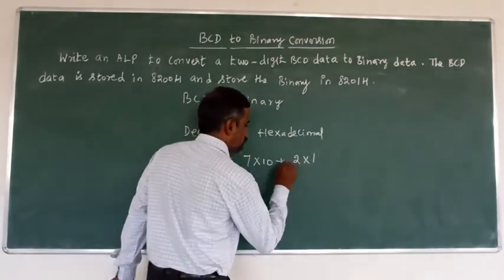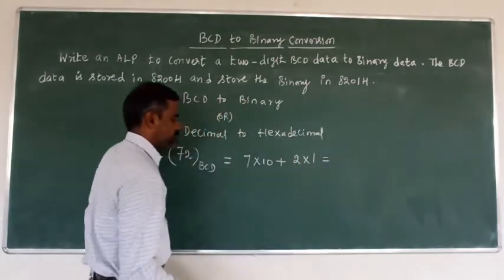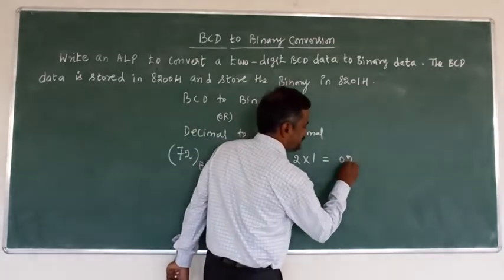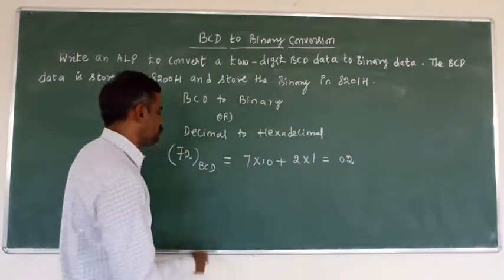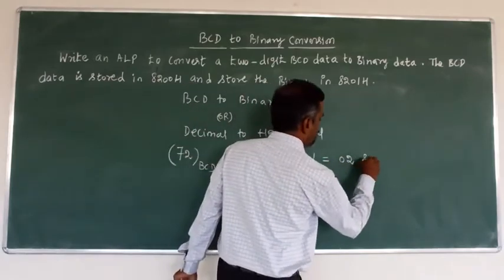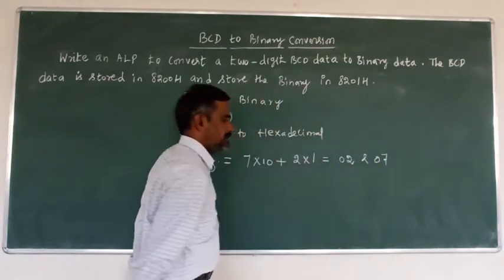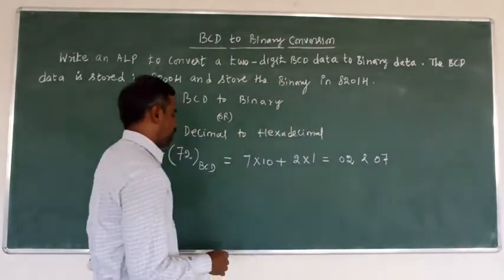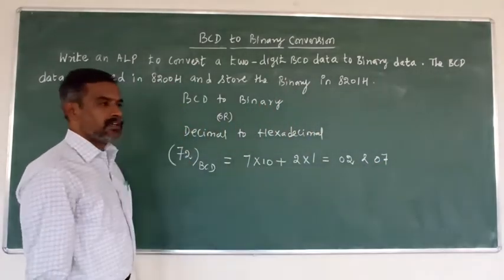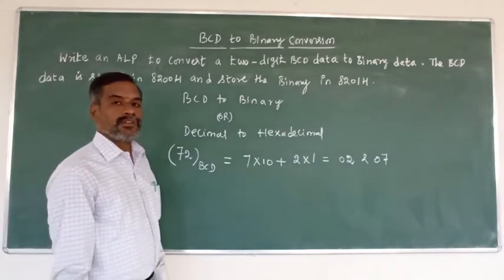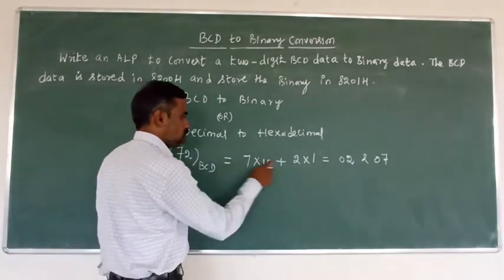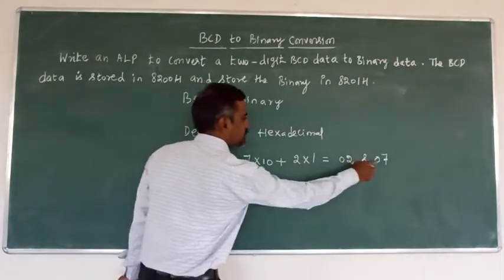First we have to separate 72, a 2-digit number, into 2 single digits, 02 and 07.